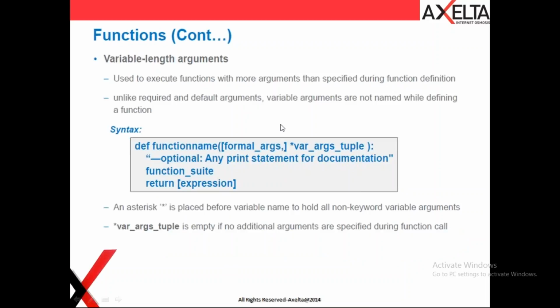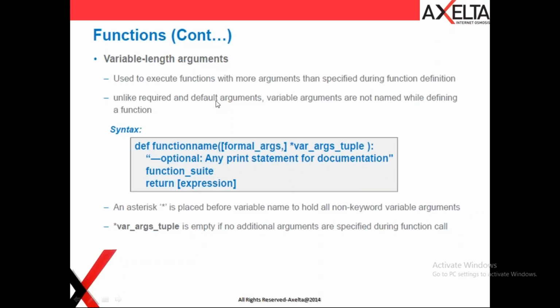Next is the variable argument. Suppose in some situations you don't know how many arguments you want to give. You are unable to decide. Understood? Suppose you are writing a function which maintains the details of a student. For example, student details can have serial number, name, roll number, and you can also store address.